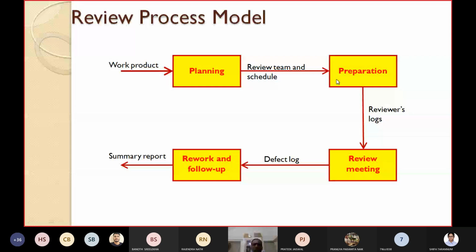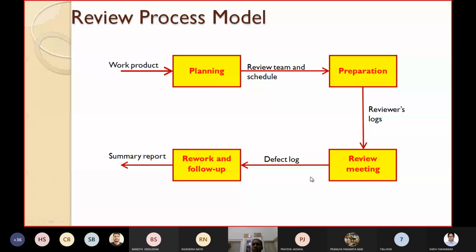After conducting the review meeting, you can prepare a review log. The reviewers write down their observations in the review log, that is passed to the review meeting, then you get the defect log.